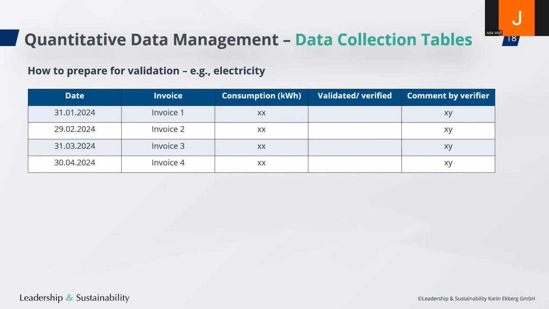The number is correct with the one that the facility has already inserted for me. And then I can say, okay, I have validated or verified this number. And if there are any comments needed, I can write them here. This is a very simple approach to actually help prepare the verification in a good manner.